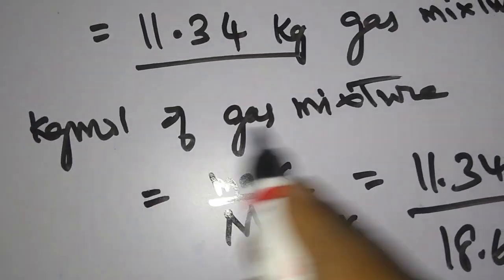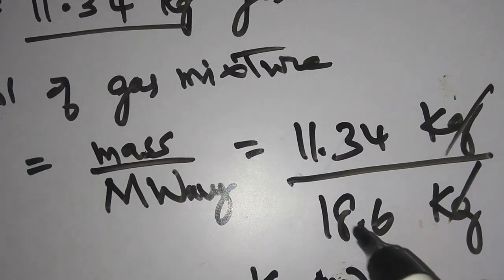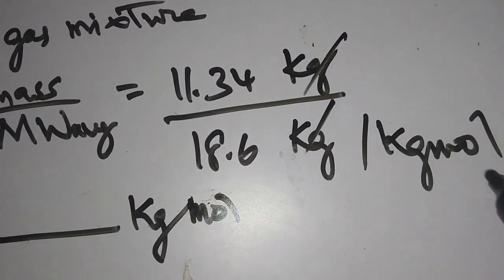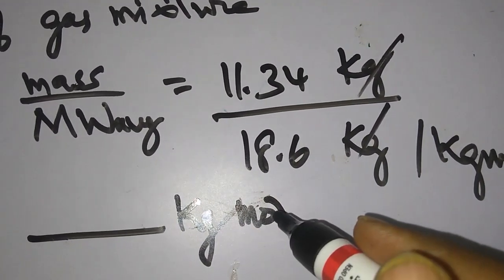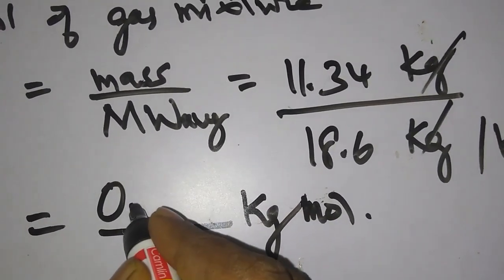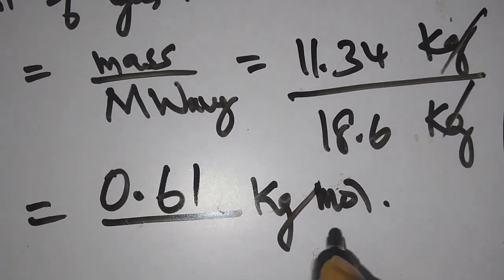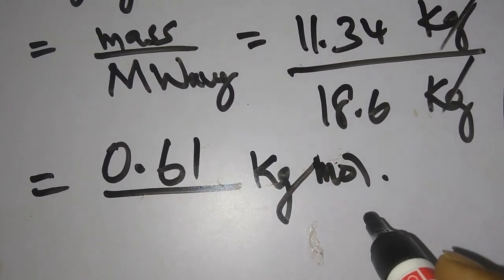Kg moles of gas mixture is equal to mass by molecular mass, 11.34 kg by 18.6 kg per kg mole. Use your calculator and obtain the value. Please report it. So what is the value? We get 0.61 kg moles.